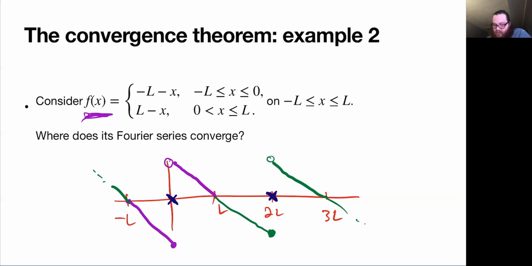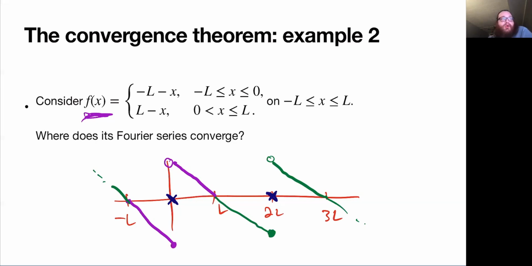There's 0, etc. So again, this is a sketch of the Fourier series. And in particular, at x equals 0, the value of the Fourier series is 0, whereas the value of the function is negative L.